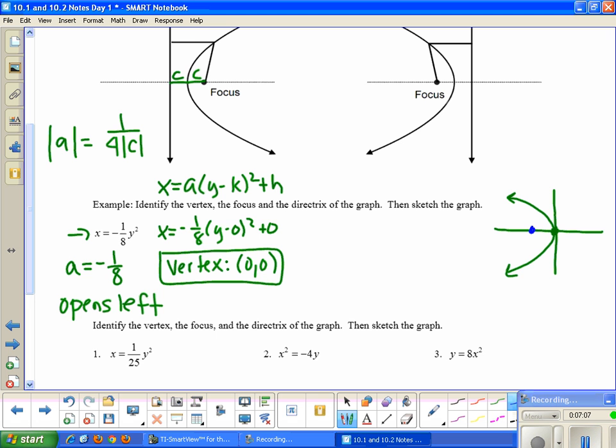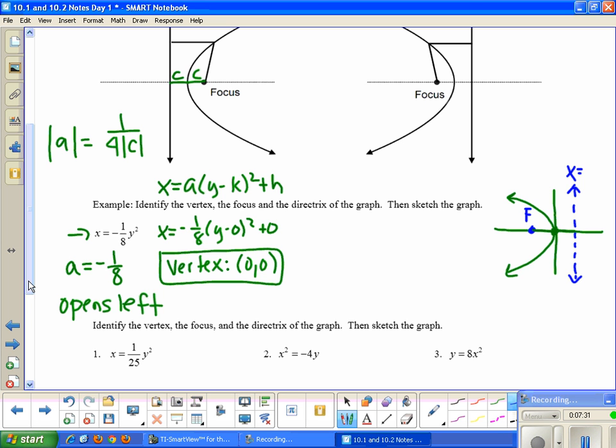I know my focus is always on the inside of my parabola, and it's always on the same line as your vertex, so it's going to be somewhere there. And I know my directrix cannot touch my parabola, so my directrix is going to be a vertical line going this way. So x equals some number. So I need to figure out the distance from here to here and here to here in order to figure out what my focus and directrix is.